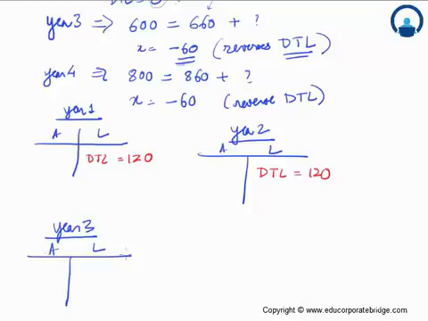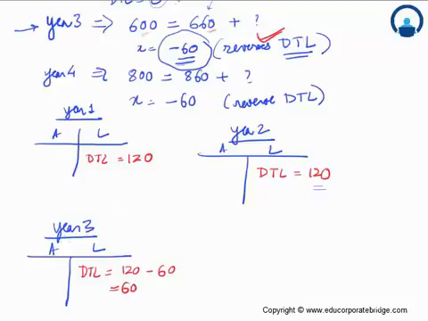Assets and liabilities. Now in year 3 you have actually paid off 60 worth of liability out of this 120. So what you will show on your balance sheet is your deferred tax liability will be 120 minus 60, which you have actually paid off. This means you have paid more than what was shown in year 3. So this comes out to be 60 here.